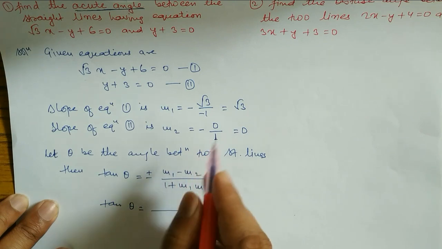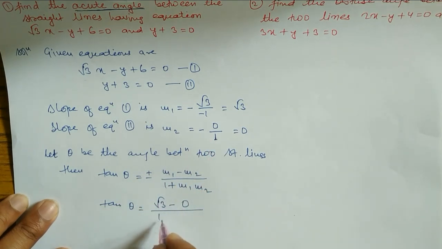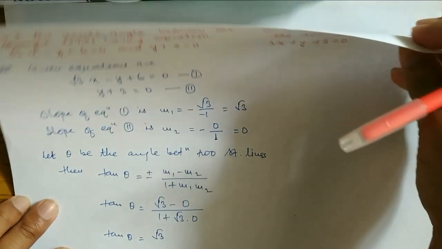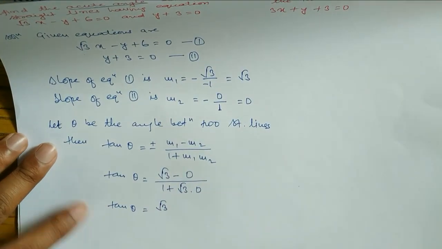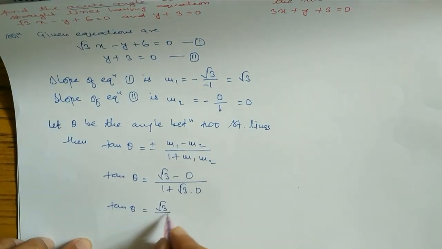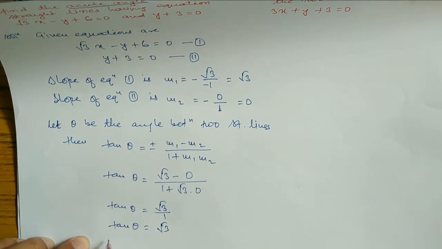The value of m1 is root 3, minus m2 is 0, over 1 plus root 3 into 0. Tan theta is equal to root 3 over 1, so tan theta is equal to root 3.